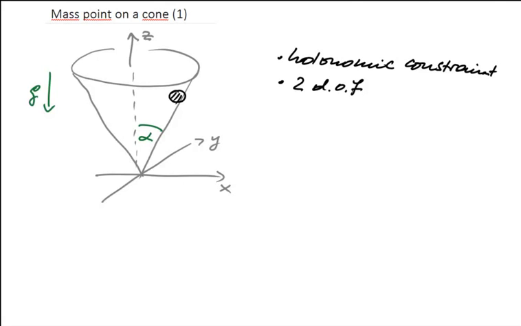And I would like to propose 2 coordinates. One is the distance of the mass point from the origin. This is one coordinate. But then we also have to specify an angle.